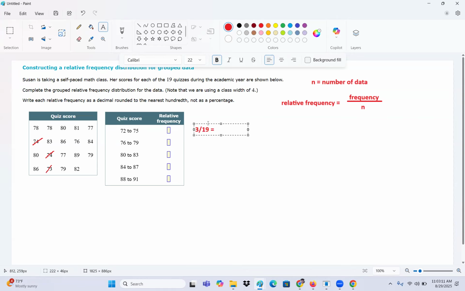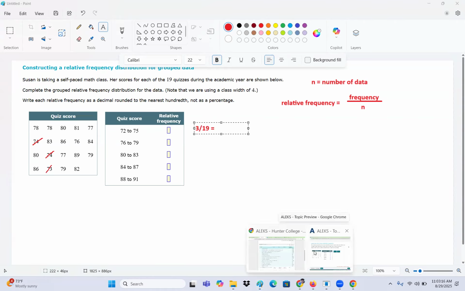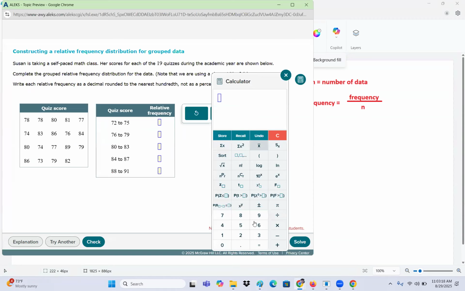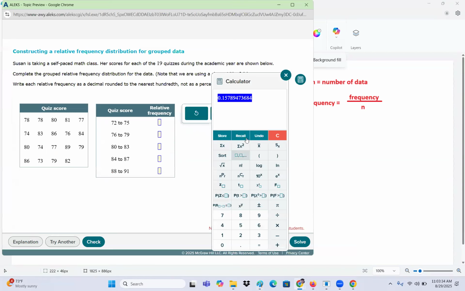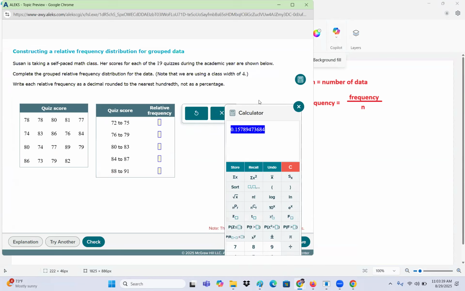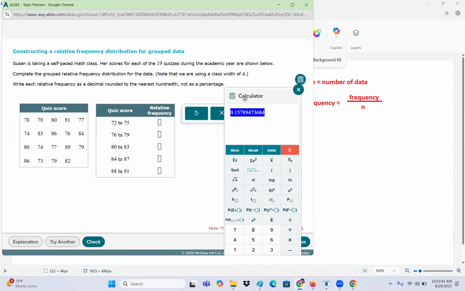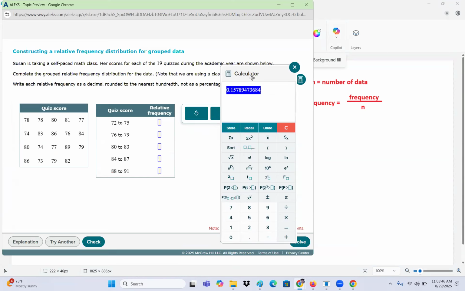We can simply compute this on a calculator. 3 over 19, we got 0.157, right? Actually 0.158. So we round to 2 decimal places, 0.16. I'm so sorry. And then we keep doing it for the second part, and you finish the rest.